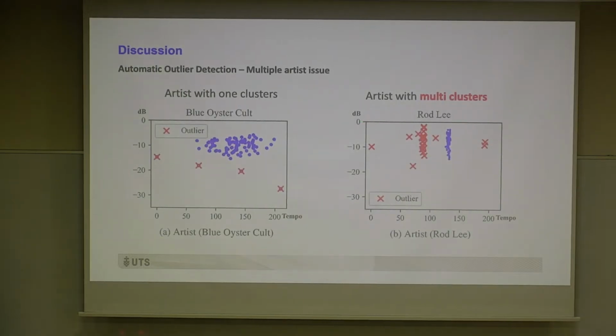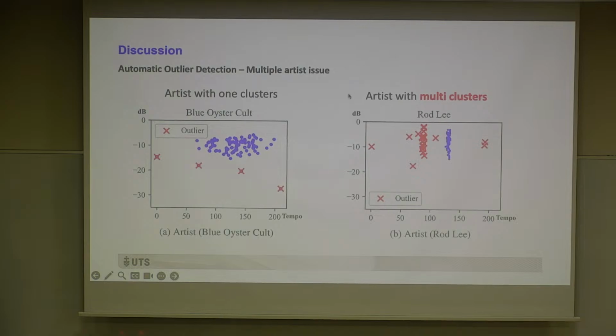And for discussion, we can see the algorithm can identify outliers for an artist with an obvious dominant style, such as the artist shown on the left, where the blue area is the main style of this artist and the area marked with crosses is the outlier style.